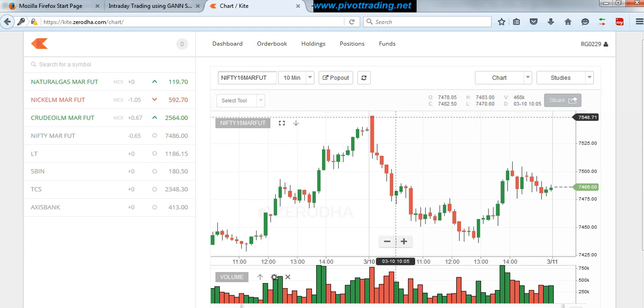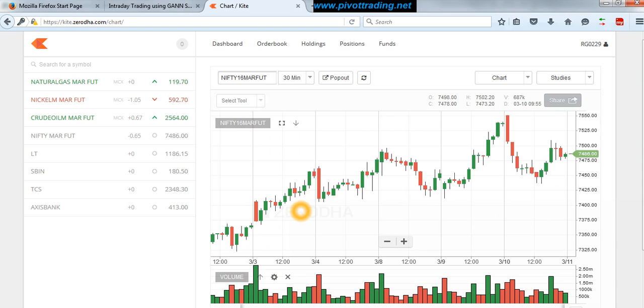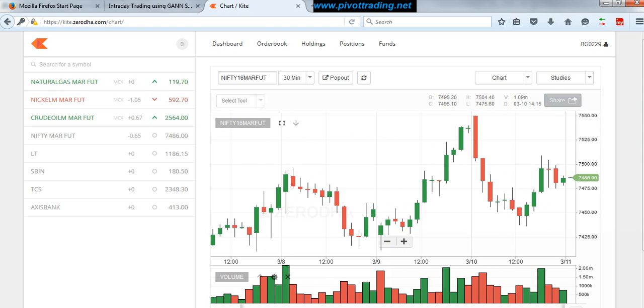Now, for the previous half-hour candle, this is just the 10-minute chart I'm showing. Let's move to the 30-minute chart. Okay, now let's look at 1:30 p.m. So this is the chart for today. As you can see, this is the candle of 1:15 and this is the candle of 1:45.